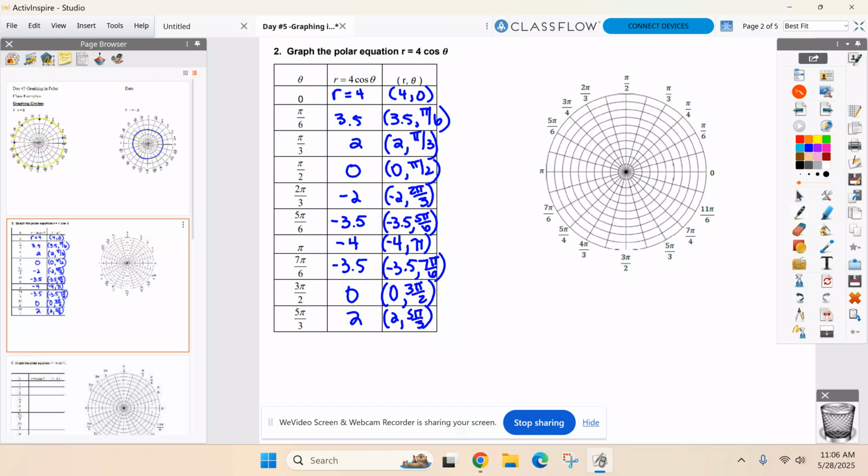Make sure these numbers can come out of your calculator, not just copying it off the board.